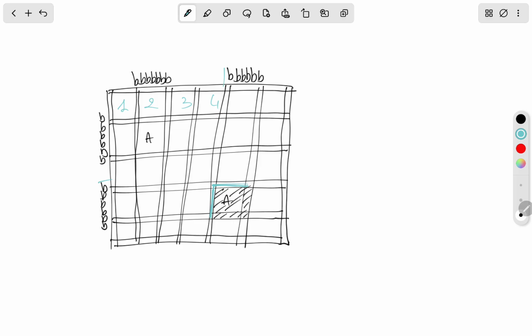Row by row, but at a macro level this time. Submatrix by submatrix. How many submatrices are there? N over T on each row, and then N over T again. So this is n squared over t squared.